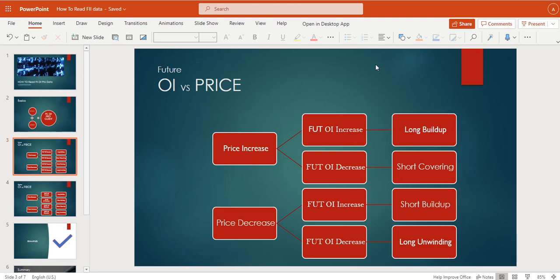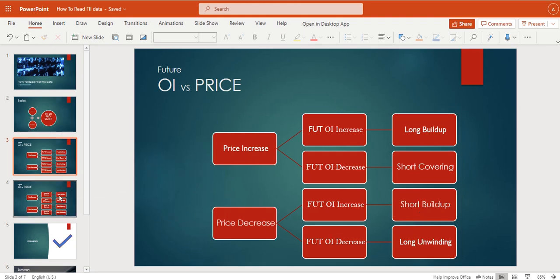Open interest is the number of contracts accumulated, for futures and options both. An open interest increase with a price increase is usually referred to as long build up. I'm not going through all of this reading out, because you can check out the other video on what is long build up, short covering, short build up, and long unwinding.